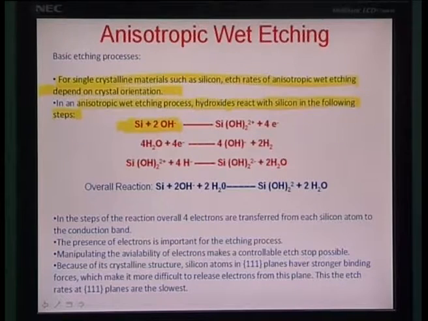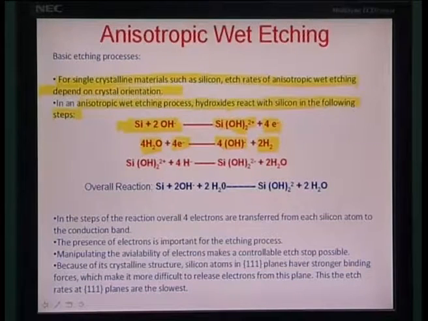So, Si plus 2OH minus gives Si(OH)2 2+ with 4 electrons here, and then these 4 electrons combine with the water which is present around, which dissolves the KOH or whatever hydroxide it is, and gives 4OH minus and liberates hydrogen gas H2, which bubbles out.